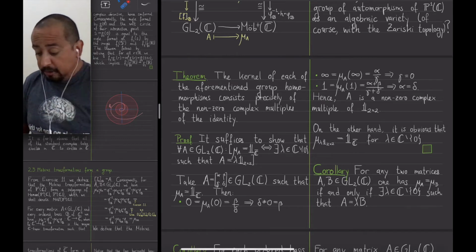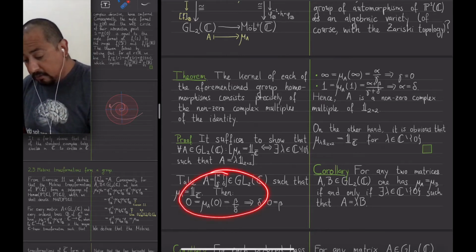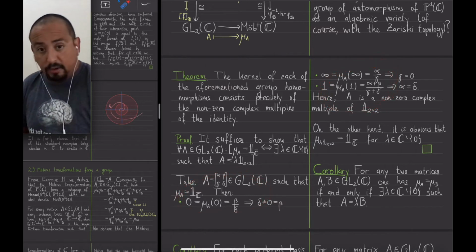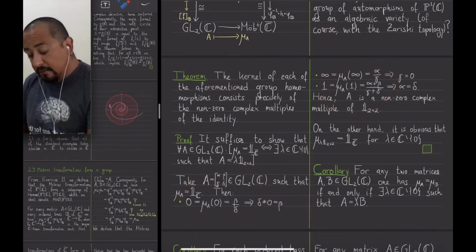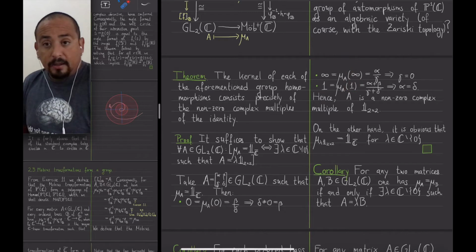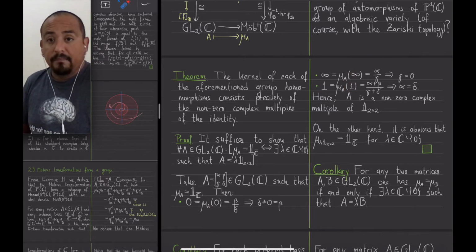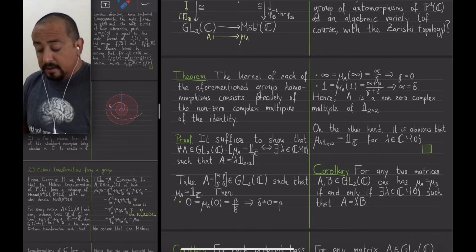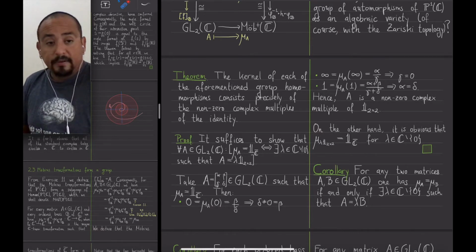So in other words, we actually proved something stronger. We proved that if we have a matrix whose Möbius transformation fixes 0, fixes infinity, and fixes 1, then the matrix is lambda times the identity.